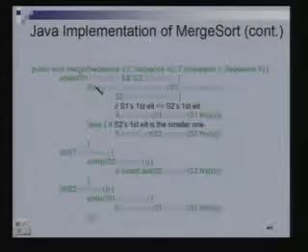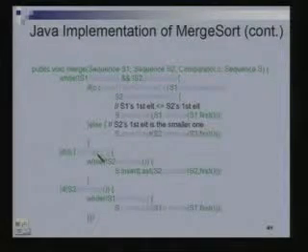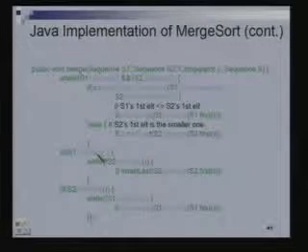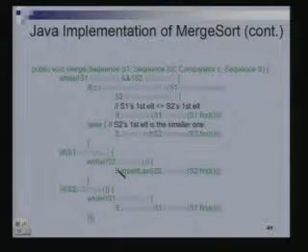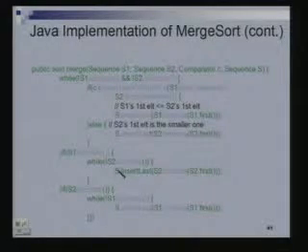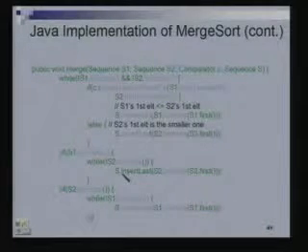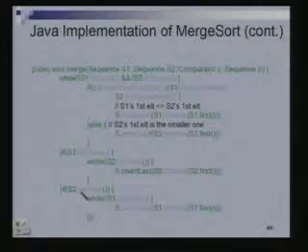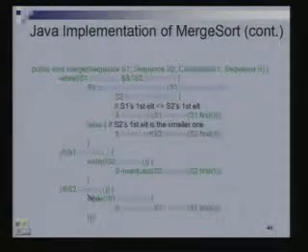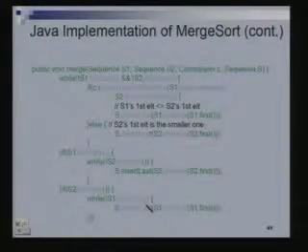When one of them becomes empty, if S1 is empty, you have to just copy S2 to S. So you keep removing one element at a time from S2 and inserting it at the end of S. If S2 is empty, then S1 is left with some elements, and you keep removing one element at a time from S1 and inserting it into S. Very simple.